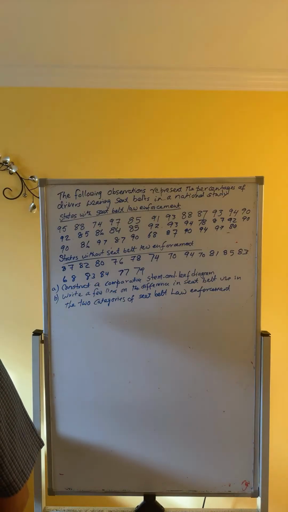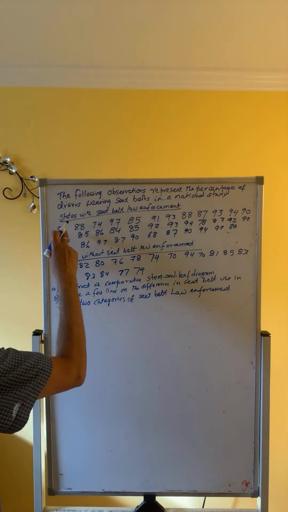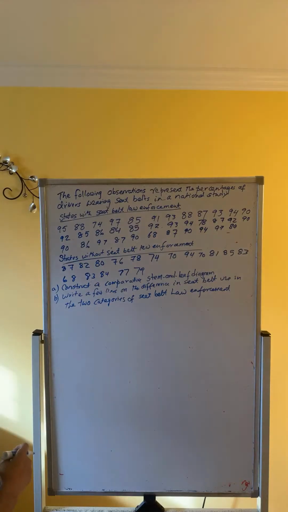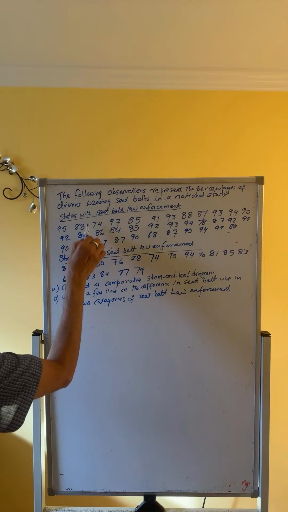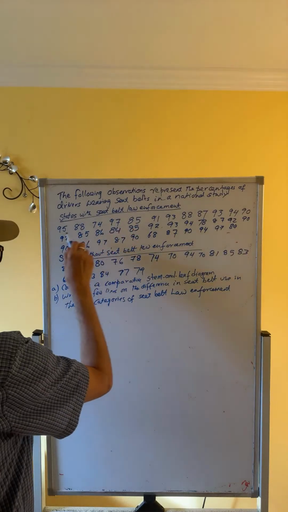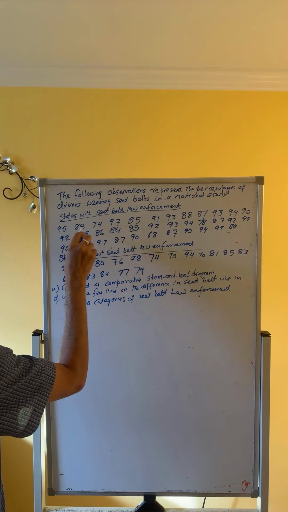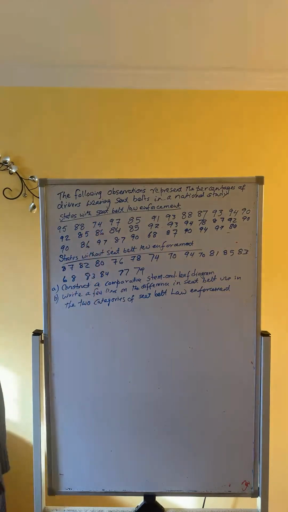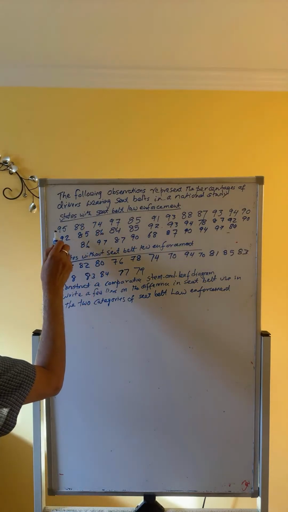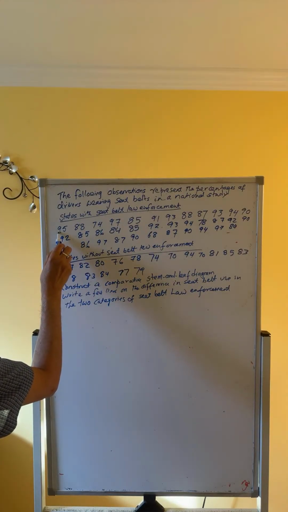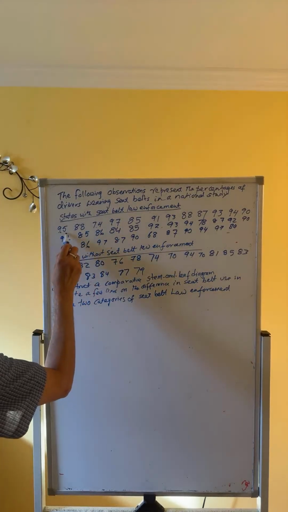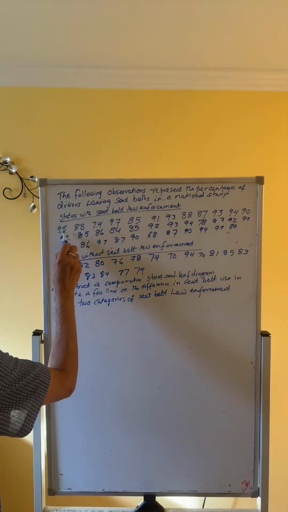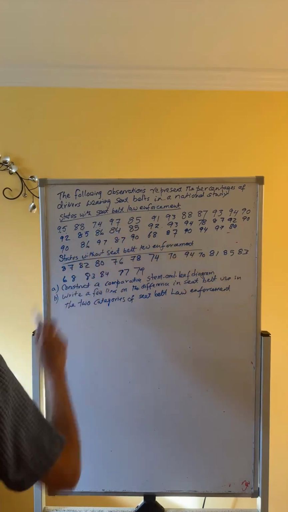So, what is stem and leaf all about? In these 2-digit numbers, the leaf is the last digit on the right. For example, here the leaf is 5, here the 8, here is 4, and so forth. And the stem is the number on the tens place, 9, 8, 7, 9, etc. And the leaf is the number in the ones place, 5, 8, 4, 7.